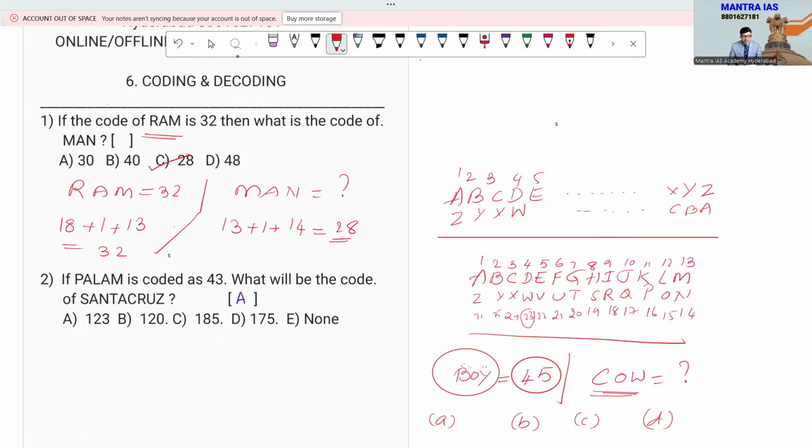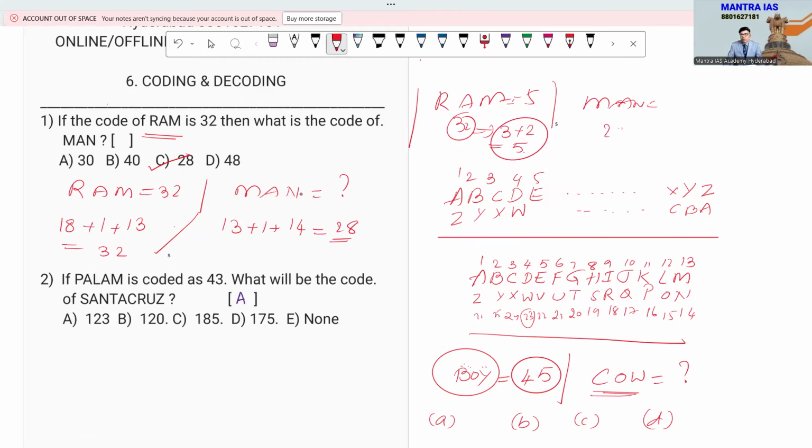So in this case, we directly took the letters and added all of them. Sometimes he gives RAM as 5. Observe this point. In the same style, what is MAN? After adding, the RAM value is 32, then convert it into single digit format: 3 plus 2 is 5.